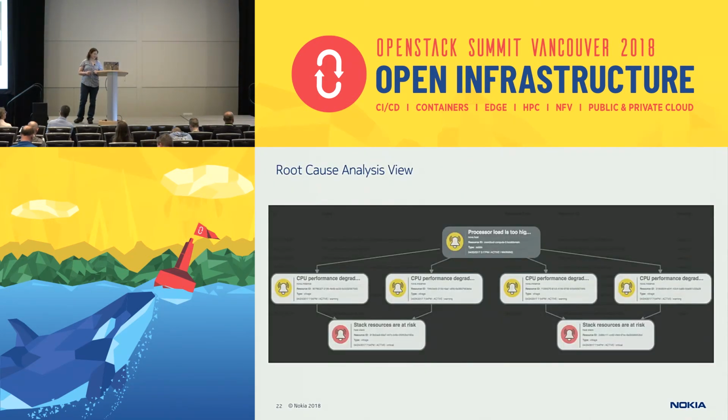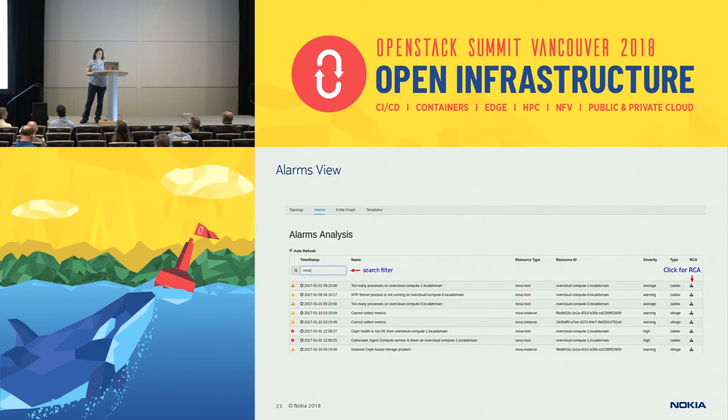This is an example of the root cause analysis view. Here we can see that if a process load is too high, then we can have a deduced alarm that rises from this initiating alert. And we can have an alert view of all the alerts in the system.